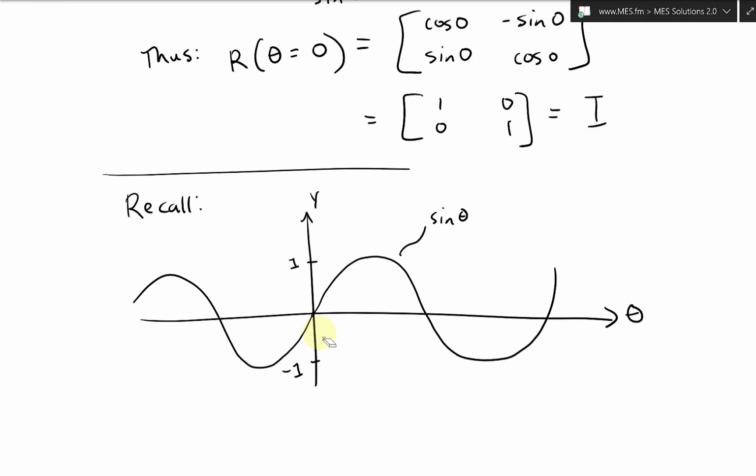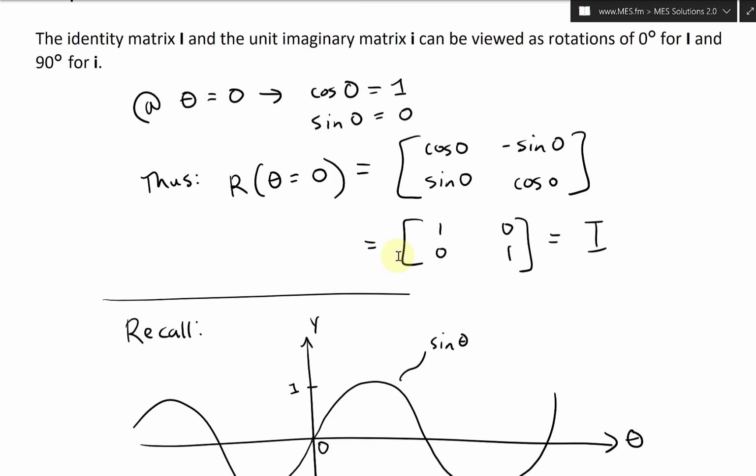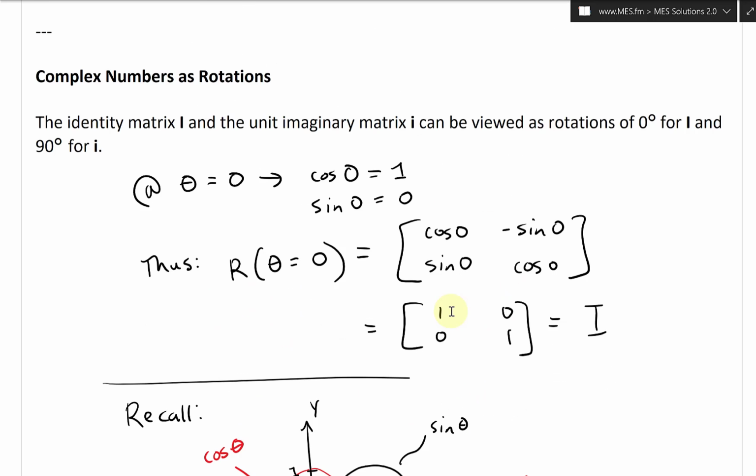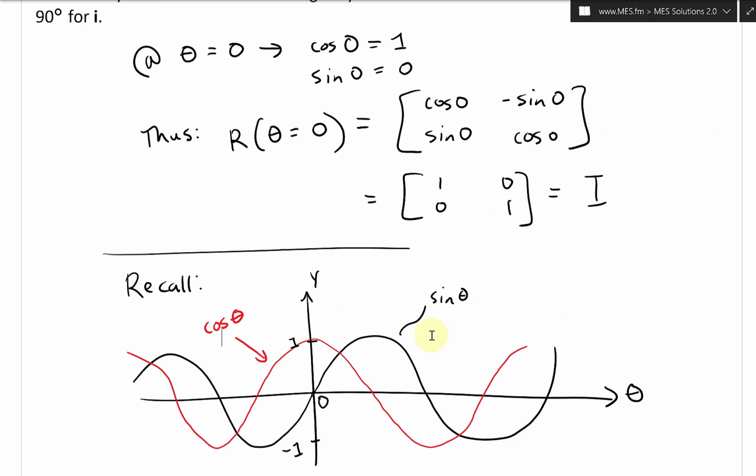At theta equal to 0, we get 0. And then if we draw in red, it's going to look something like this. This is cosine theta. Notice how the value is 1 at the origin. So we have 1 there, and that's what we have.